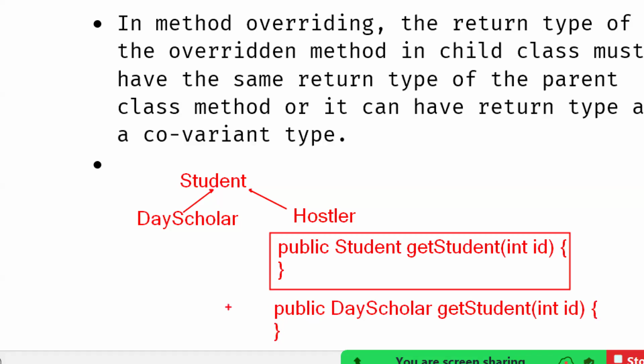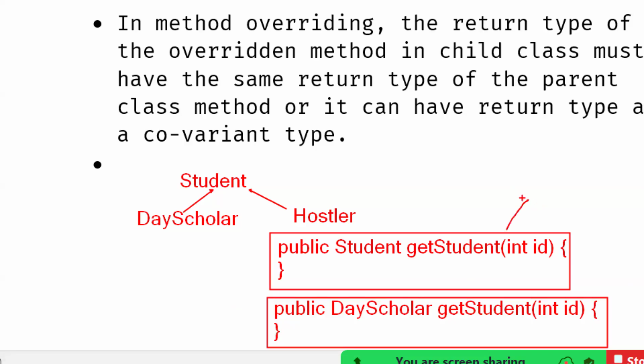If you look at this, what I'm saying here: there are two methods, getStudent and getStudent. This method is in the parent class, and this is a method in the child class.